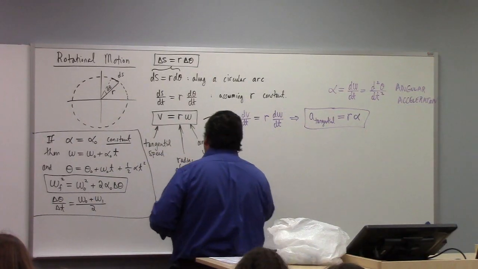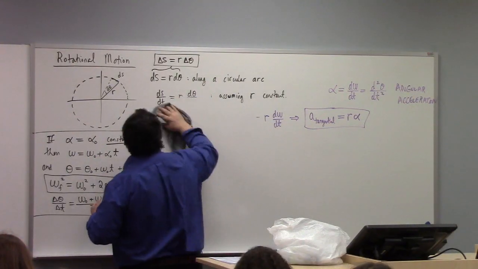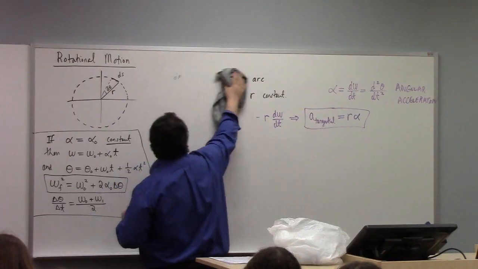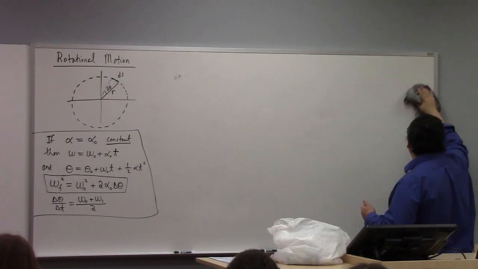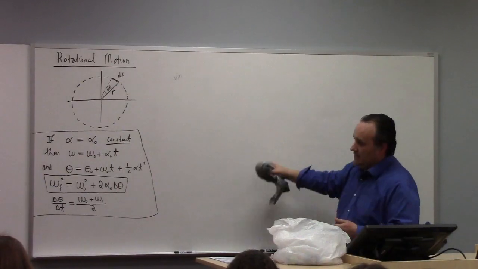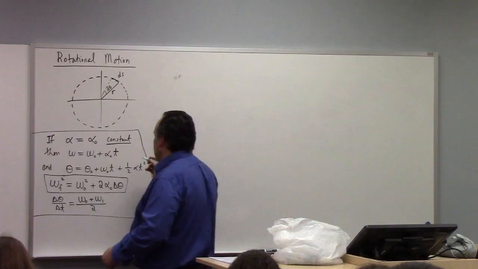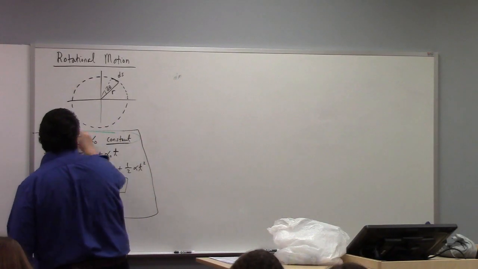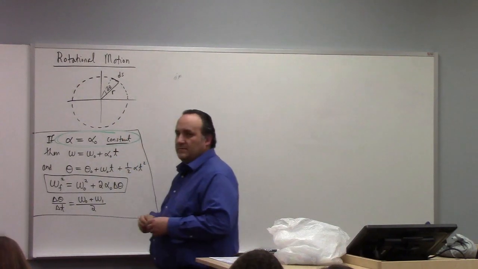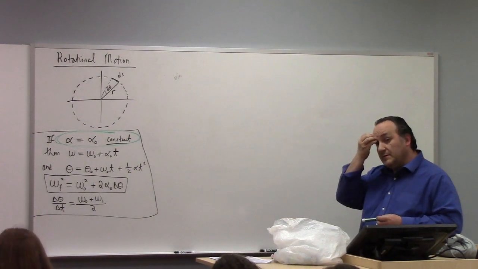Something very important to notice about the things in the box: they have a what? A condition, a presupposition, right? That presupposition is important, and if it's not true, these formulas do not apply. This constant acceleration is key, right? That's key.